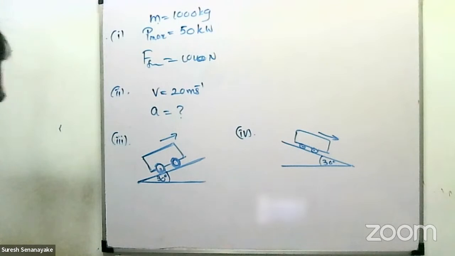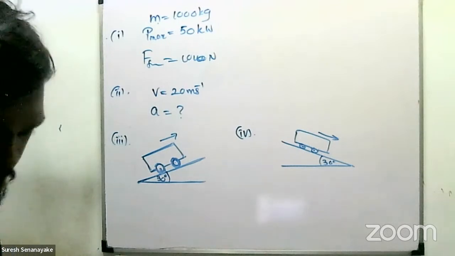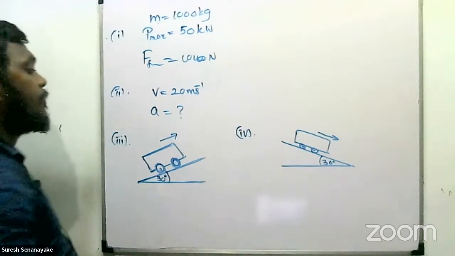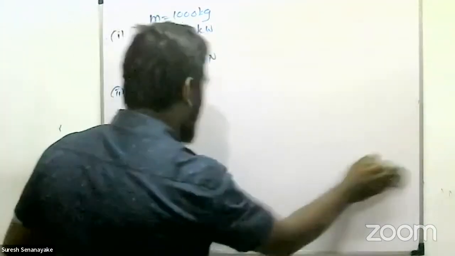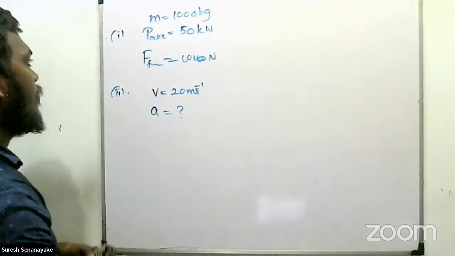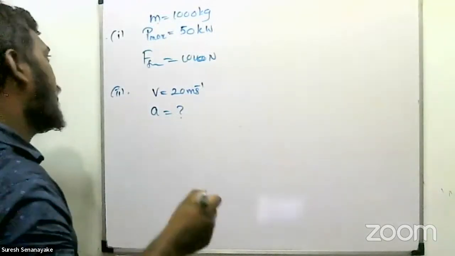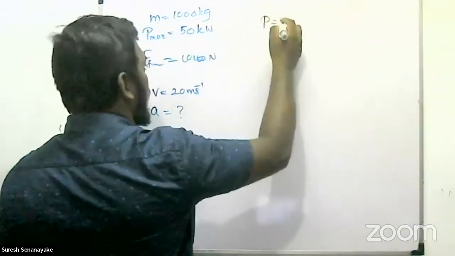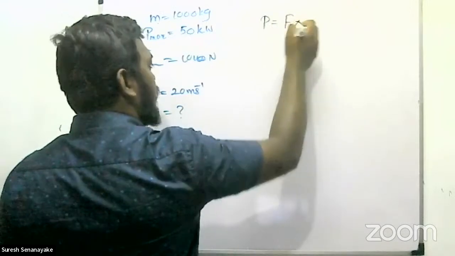How can we solve this, right? So let's say, erase this. It's working with this maximum power, so power equals the force acting on it multiplied by the velocity.